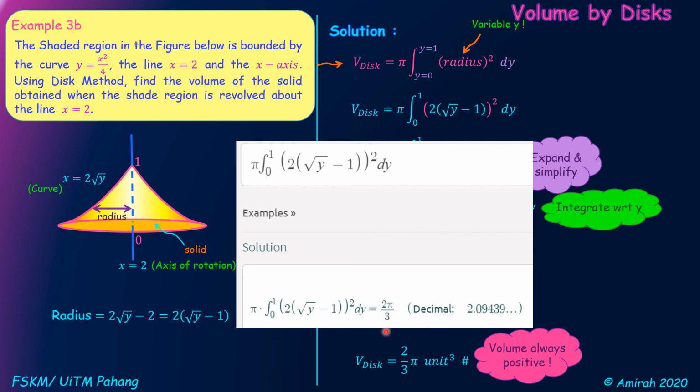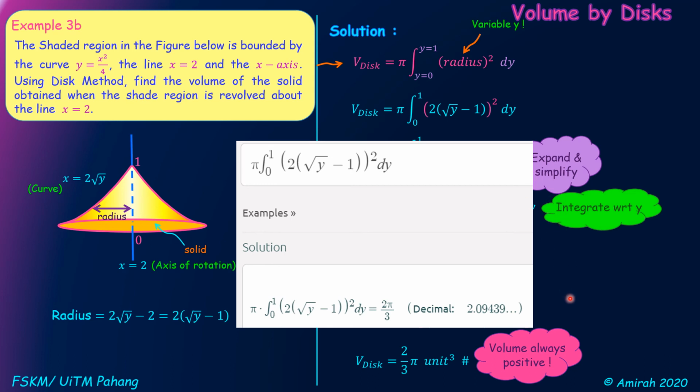Alright, so from the final answer here, we can see that the volume is always positive. If we get a volume or area in a negative value, maybe we made a mistake when we set up the formula, or maybe we made a mistake when we integrate.